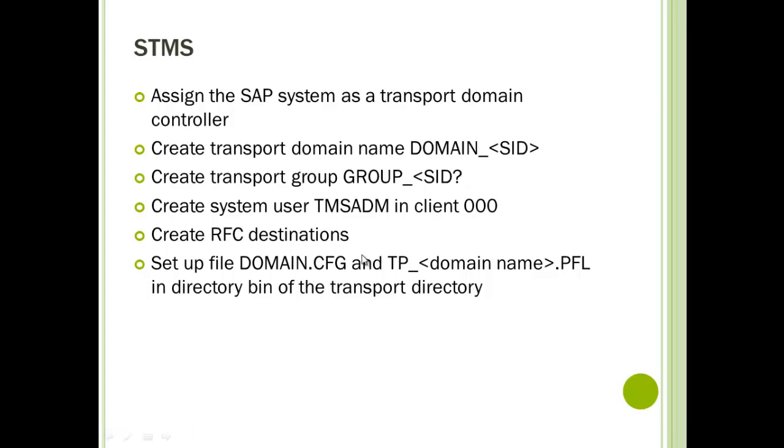In general, this is the file which saves all your TMS configuration, and it will also create the transport domain name, which is DOMAIN_SID, assuming that the system which you are configuring STMS on initially is the domain controller. As I said, with the configuration we can still change it, and this particular system will be defined as the transport domain controller.